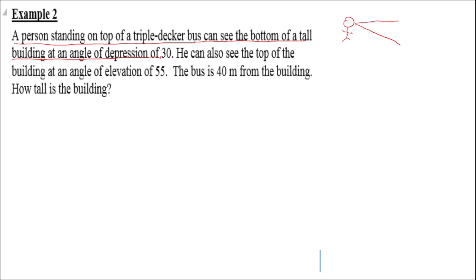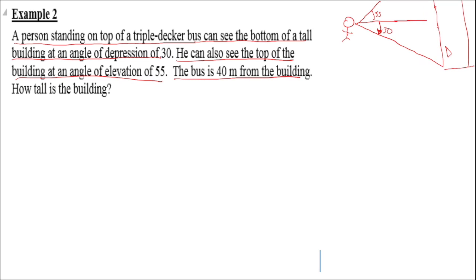That means 30 degrees lower than the horizontal. He can also see the top of the building at an angle of elevation of 55 degrees.